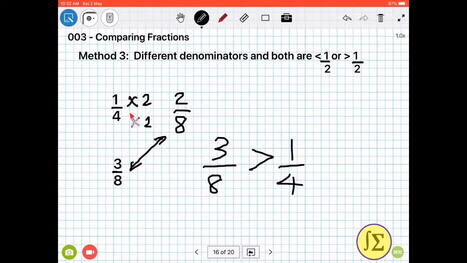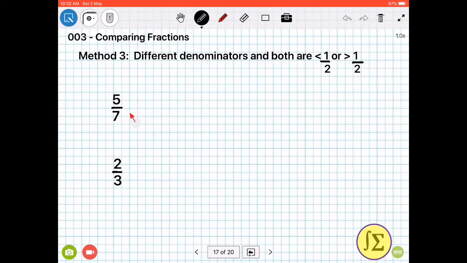Okay, let's look at another one of method 3. This is slightly different. The denominators are again not the same, but there's no relationship between 3 and 7, right? In this case, what we have to do is create equivalent fractions for both. In the previous example, we only converted one of the fractions.